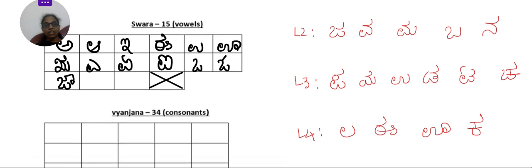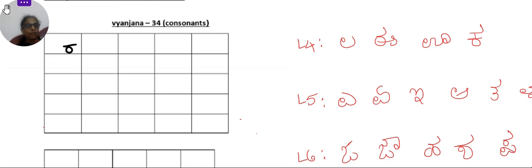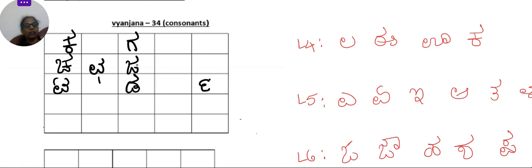Now let's look at all the vyanjanas that we have already seen in our lessons so far. Ka, ga, cha, ja, then ta, da, na, ta, da, na, pa, ba, ma.